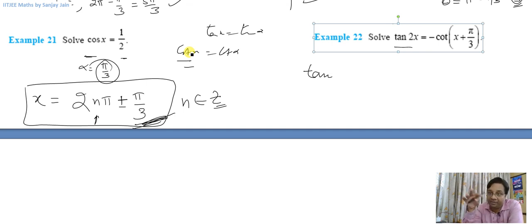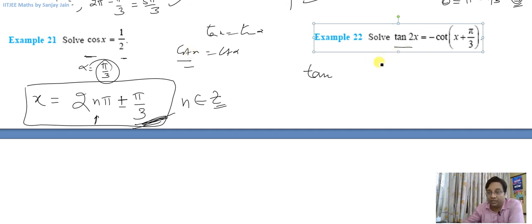So if you do any manipulation with the equation that is given in the question, then you have to take care that the answer that you get finally, you match it with the original question and see whether it is a valid answer or not.